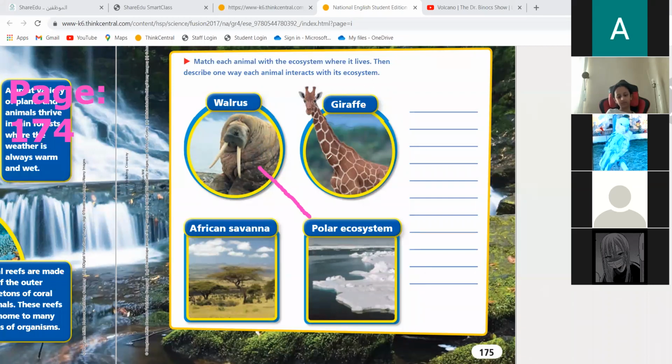African savanna. Of course, in the African savanna. These places where an animal lives, we call a habitat. So the African savanna is the habitat for a giraffe, and the polar ecosystem is the habitat for the walrus.